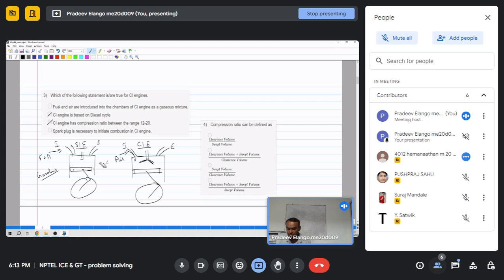This is not desirable. That is why we restrict the compression ratio to say 10 or 12 maximum. But in case of a CI engine, it is better to have a higher compression ratio. Then we will have a good condition for the burning of the fuel. So that is why we go up to say 20 compression ratio.